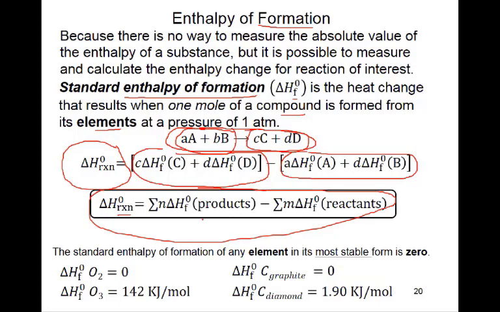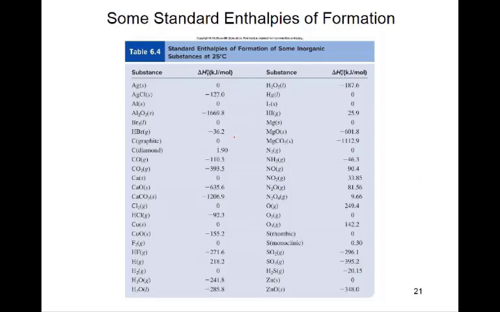But here you also have to learn some points about delta HF for the elements. Look here, this is the example: delta HF of most of the chemical compounds which you use in this module are given here. The values are given as minus and plus. But you see this is 0, this 0, and this 0, which means these are the elements.